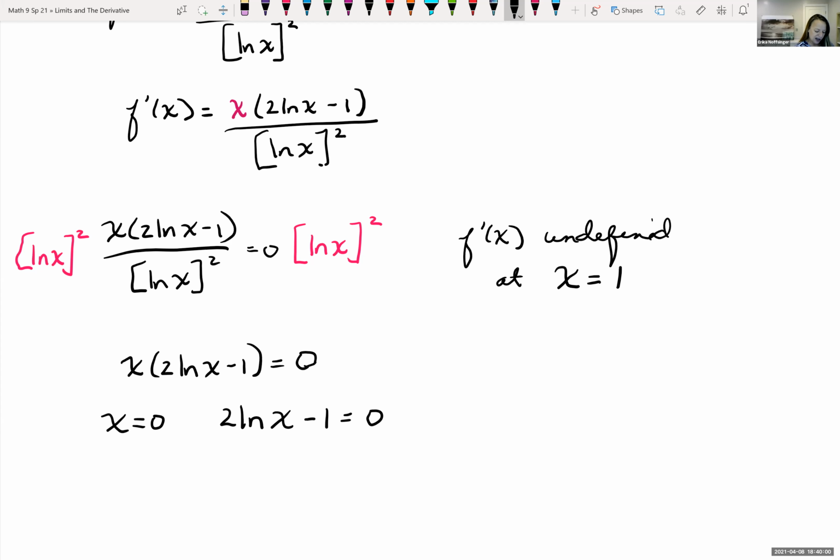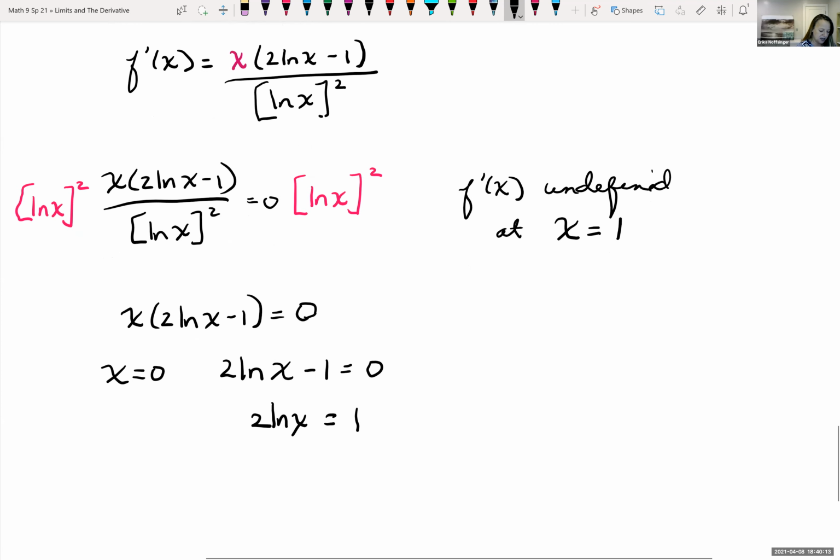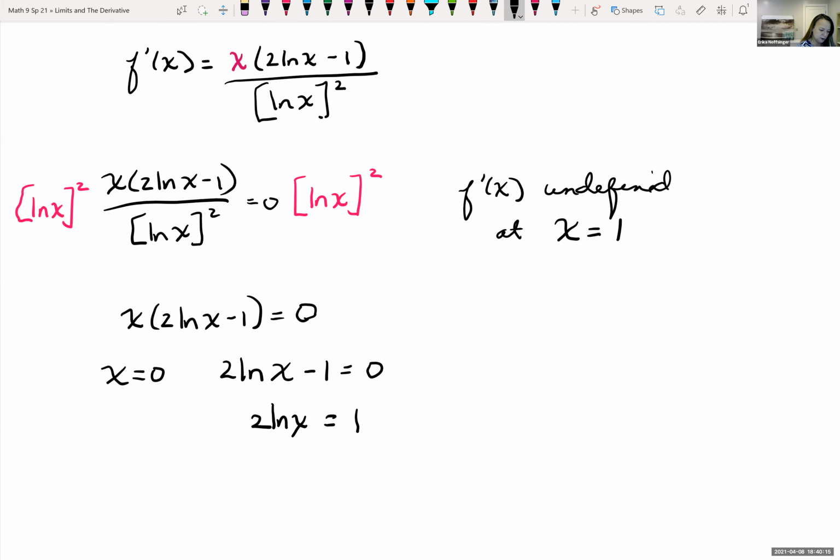Let's isolate your log on one side of the equation. So we're going to first add 1 to both sides. So we have 2 natural log of x is equal to 1. We want to isolate the natural log, so let's divide both sides by 2. So this gives me the natural log of x is equal to 1/2.